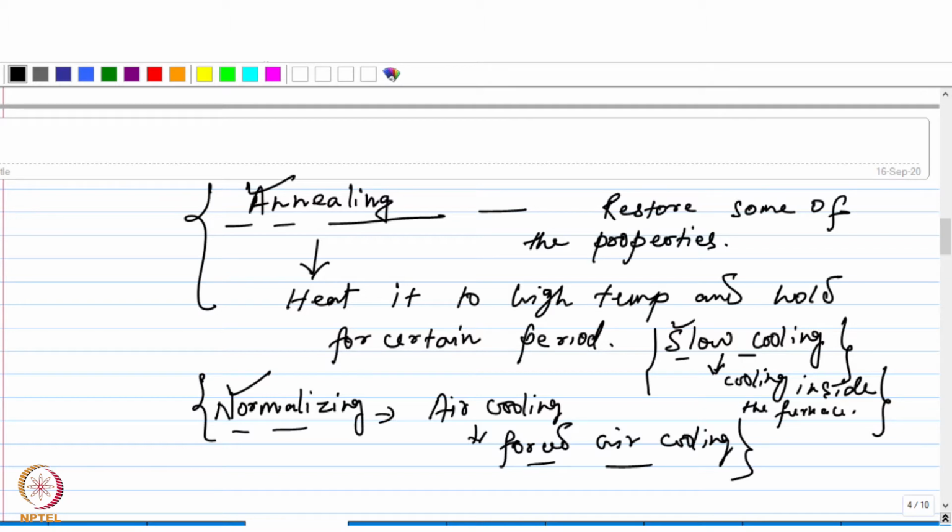So now let us try and understand what exactly happens during annealing, which restores the material. You can say this is a kind of restoration process: restoration in the microstructure, which in turn leads to the restoration of some of the properties.